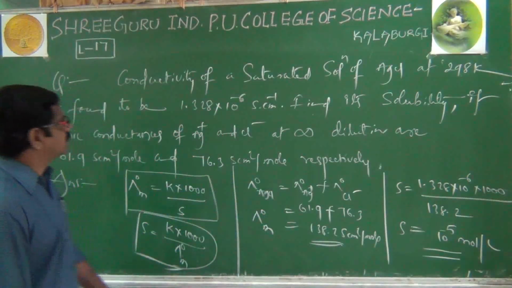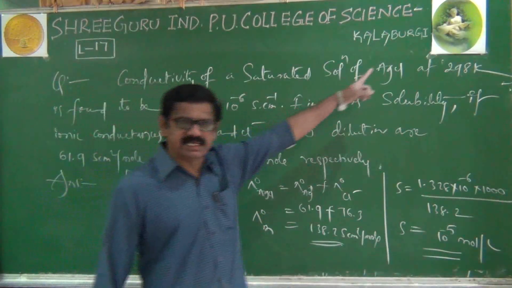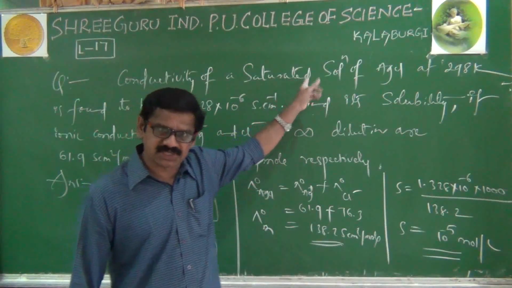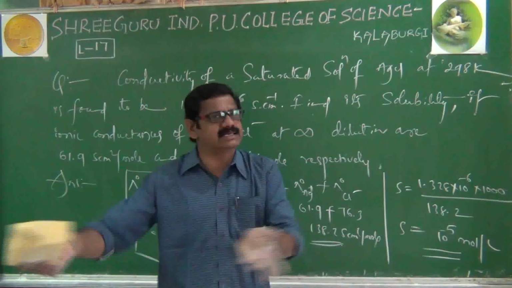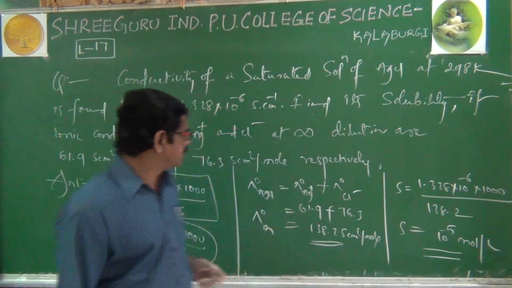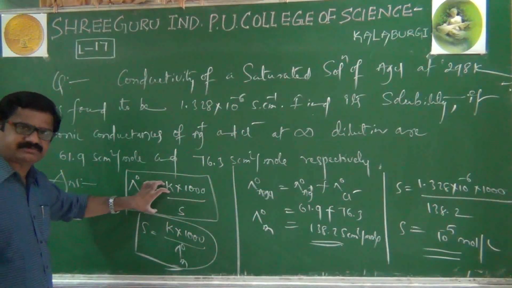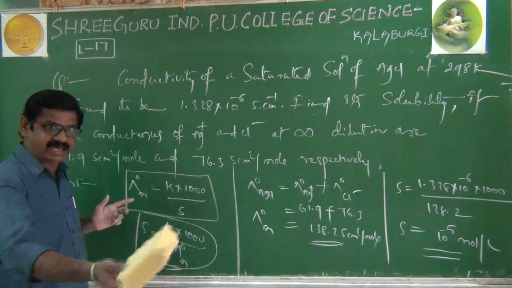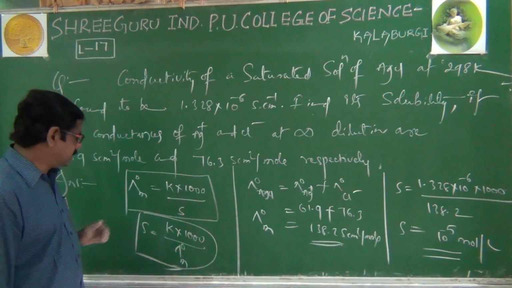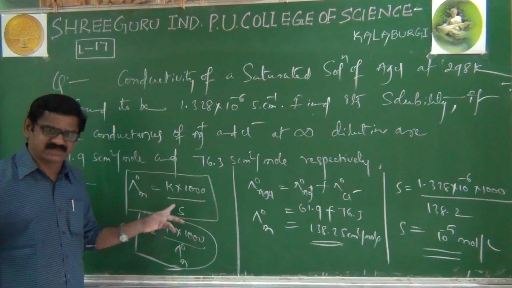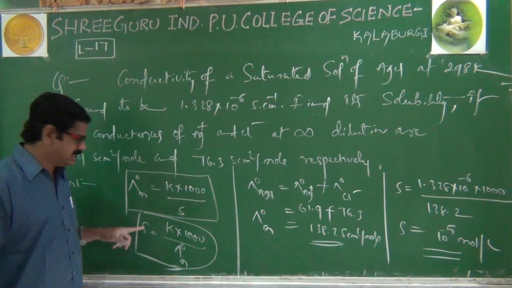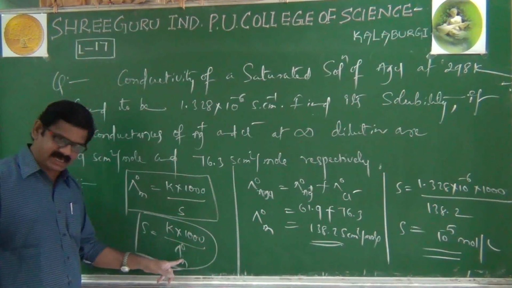Okay. Here AgCl, of course, is a sparingly soluble salt, and it is telling it's a saturated solution. Saturated solution reached means it has reached infinite dilution stage only. Right. Then this is our formula. Lambda m I have replaced with lambda m naught because it reached the infinite dilution stage. And here m we can replace with S. We need S value. That's why we'll interchange the terms. S is equal to K into 1000 by lambda m naught.